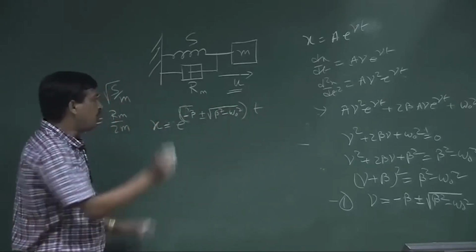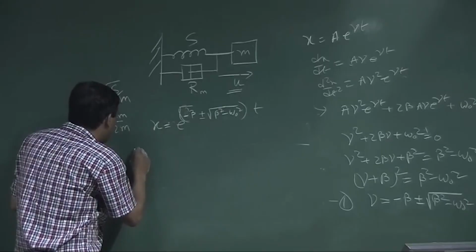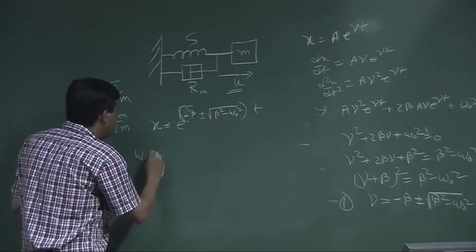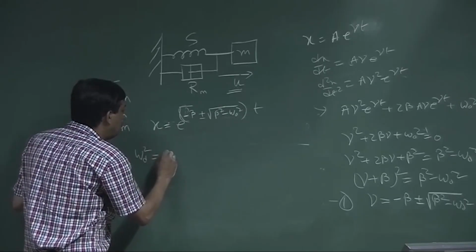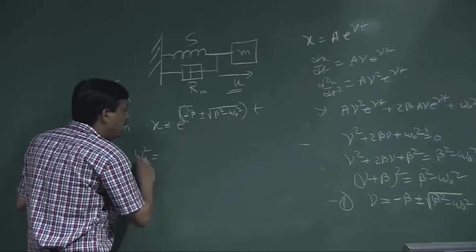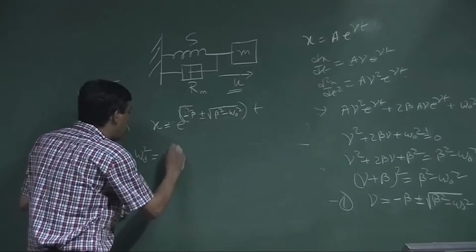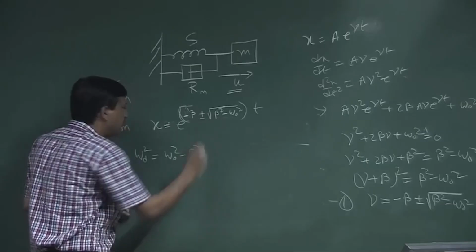Now, let us consider omega d, where omega d square is equal to omega 0 square minus beta square.